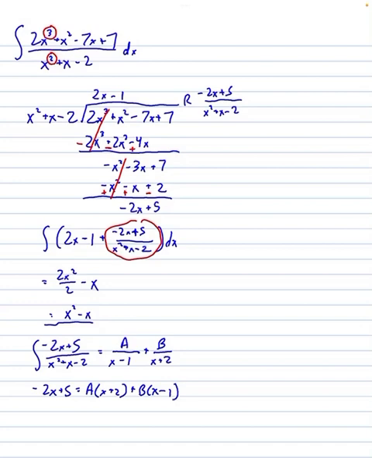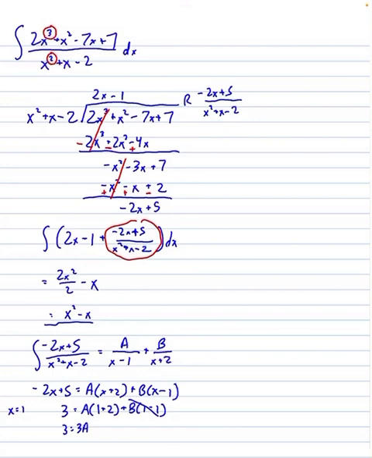And now we have to create our zeros. So first, x is equal to 1, because in this problem, x minus 1 would give us a 0. That's going to be negative 2 times 1 plus 5, which would give us 3. Remember, everywhere you see an x, you need to put a 1 there. That's going to cancel. So 3 is equal to 3a.